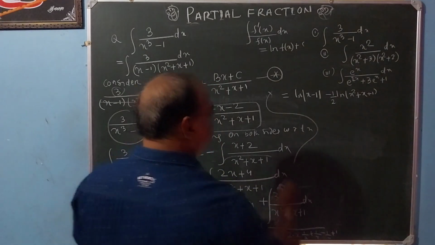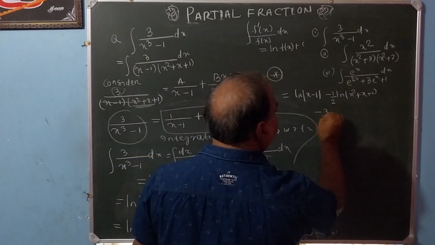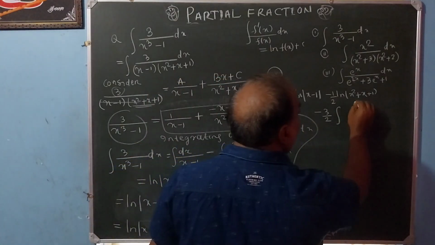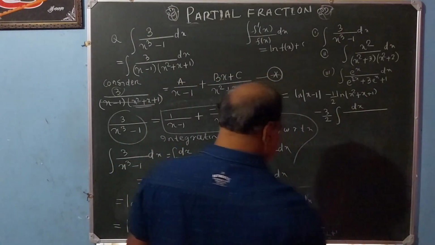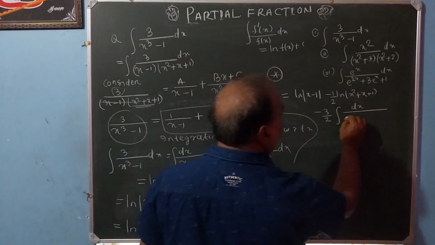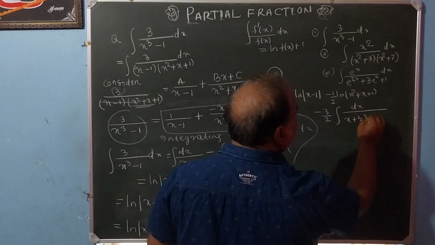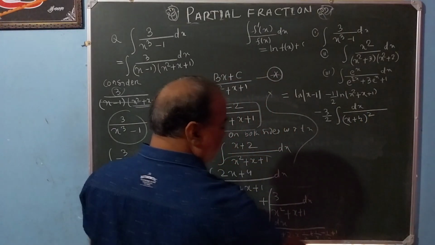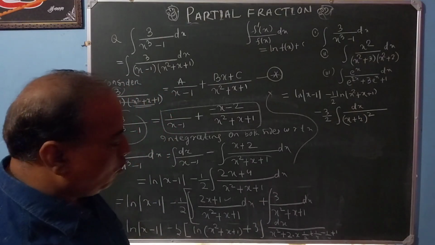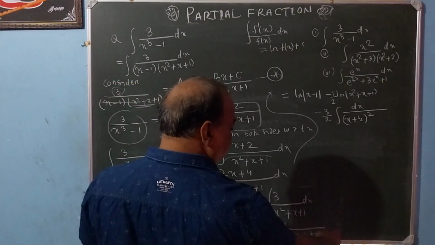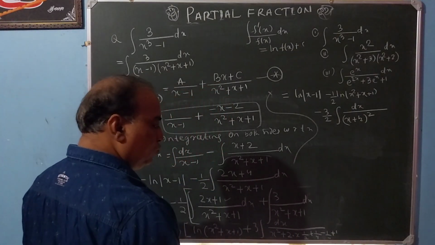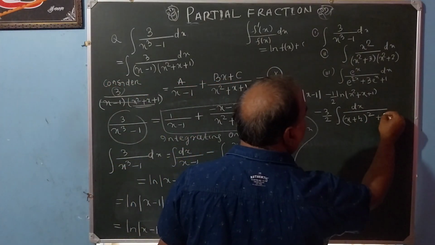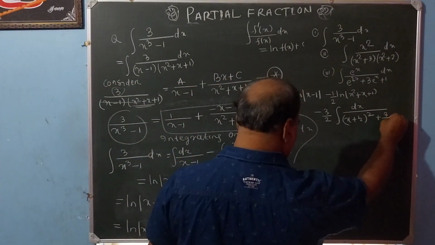Minus 1 by 2 is also multiplied, that is minus 3 by 2 integration of dx upon x plus half whole square, that is minus 1 by 4 plus 1. That is 4 minus 1, that is 3 by 4, after simplification, 3 by 4.